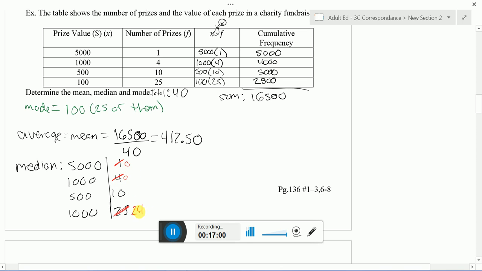I'm going to cancel out 4 more of those lower ones, which gives me 20. We have 10 $500 prizes, cancel out 10 of the lower ones, which leaves me with 10. What that tells me is there are 10 $100 prizes in the middle.